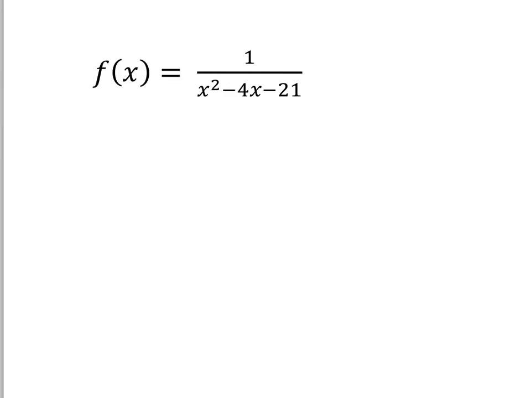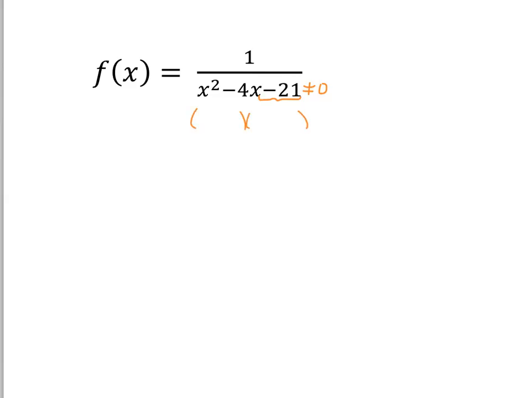State the domain for f of x equals 1 over x squared minus 4x minus 21. Now, when we look at that denominator, it's quadratic. And if we say it can't equal 0, we're going to have to solve by factoring, thinking about numbers that multiply to get negative 21 and add to get negative 4.